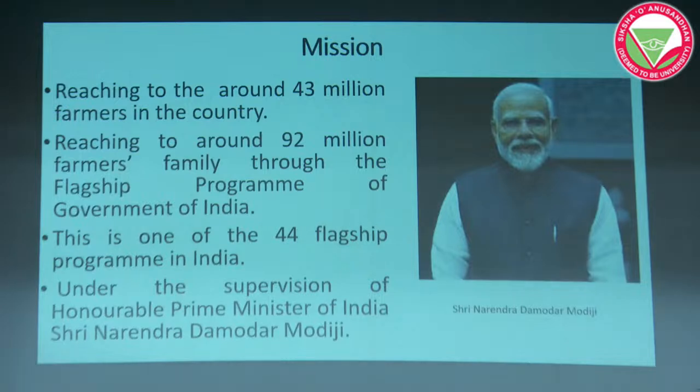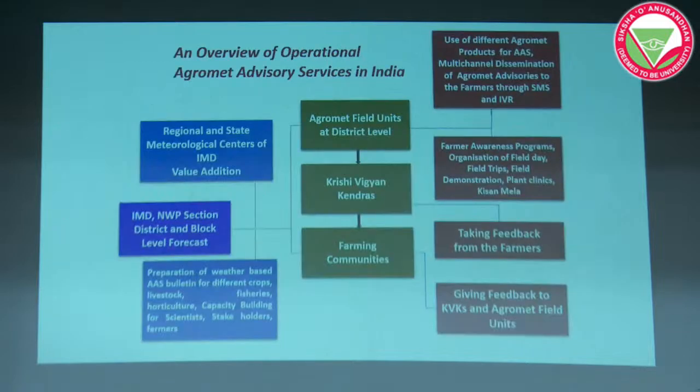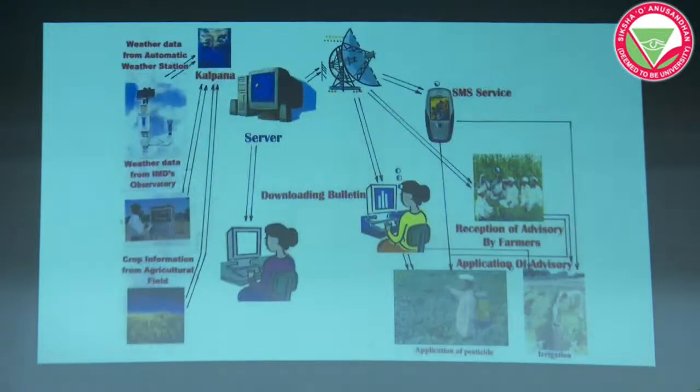I have seen that in one of the Science Congresses he was mentioning how this information is going to the farming community. Here is the structure of the agromet services in India, and how these services go from the satellite, from the IMD, to the farming community, and how the farmers take action.